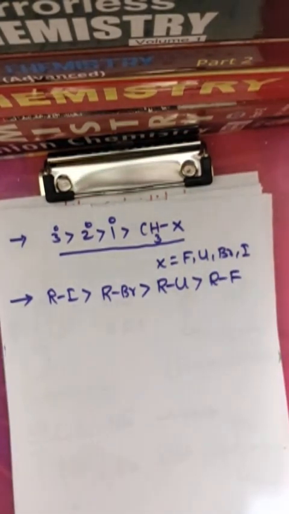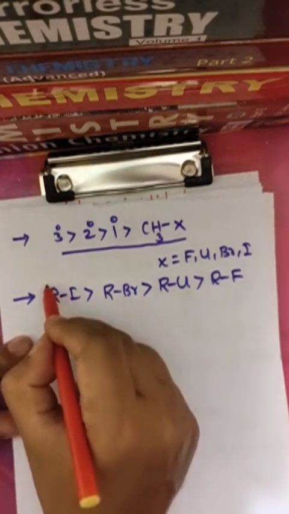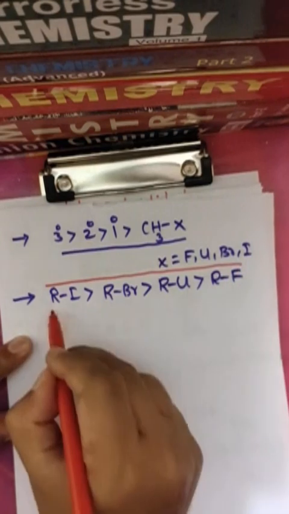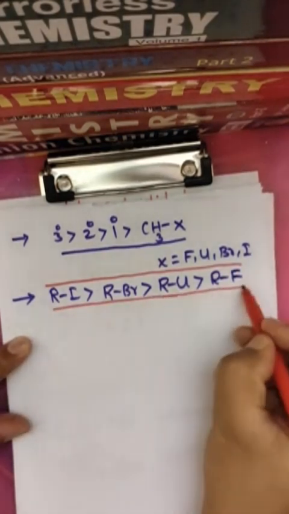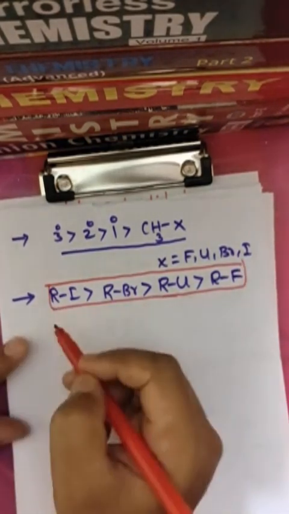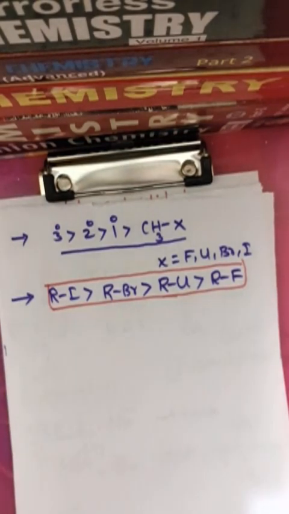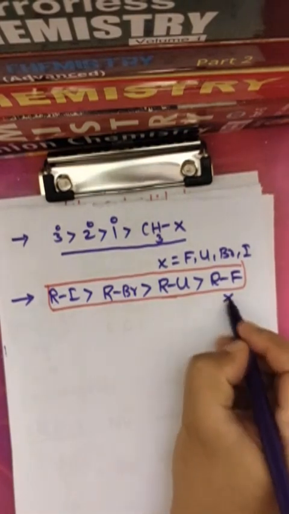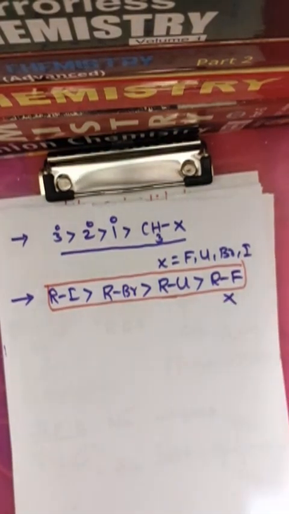Means alkyl iodides show more reactivity towards SN1 than RBr than RCl. Almost RF will not take part in the reactions.